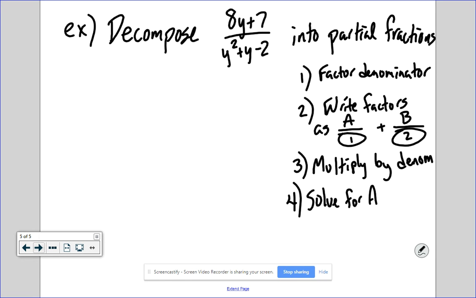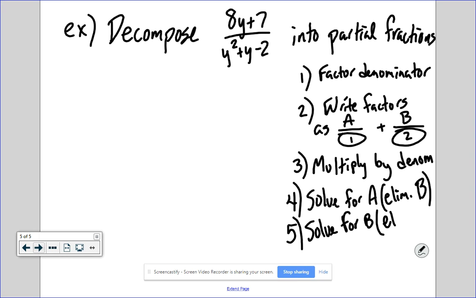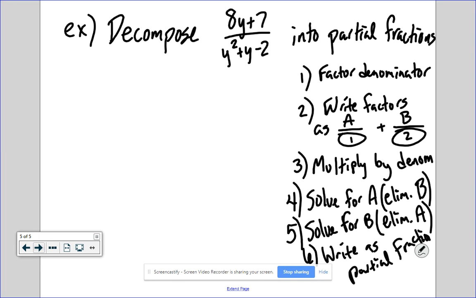Solve for A by eliminating B. Then solve for B by eliminating A. And the last step is write as partial fraction. That's a lot of steps, Kyle. Okay, so it's a 6-step process. There is no one step process that we can do.